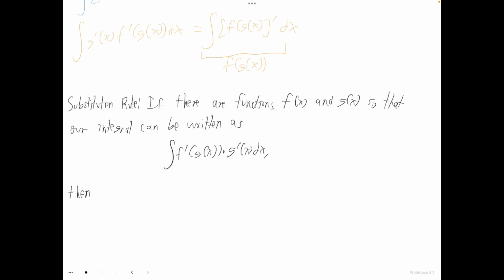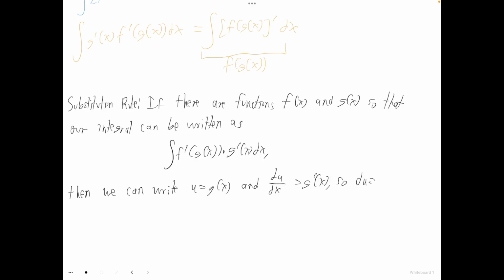then we can write u equals g of x and du over dx equals g prime of x.